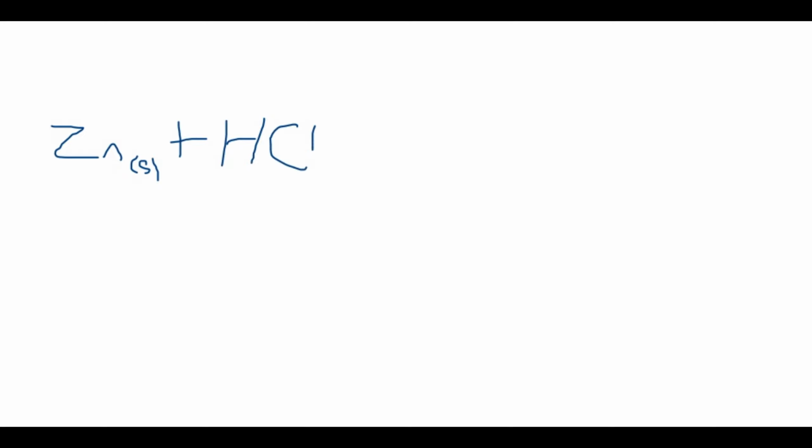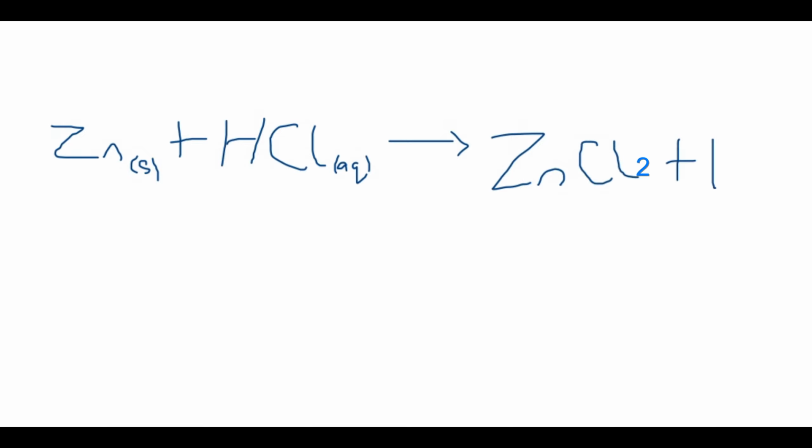Hydrogen chloride is the gaseous form of HCl, but in this case HCl is aqueous, not gaseous, so it's referred to as hydrochloric acid, and this will form zinc chloride and liberate hydrogen gas. Now note that the zinc chloride will be in its aqueous form also.